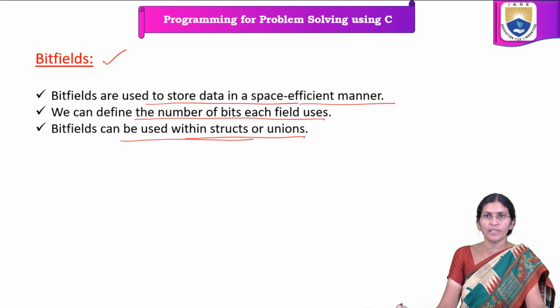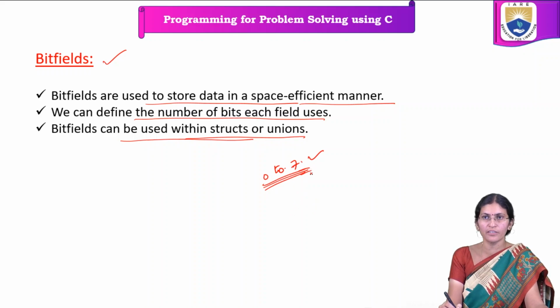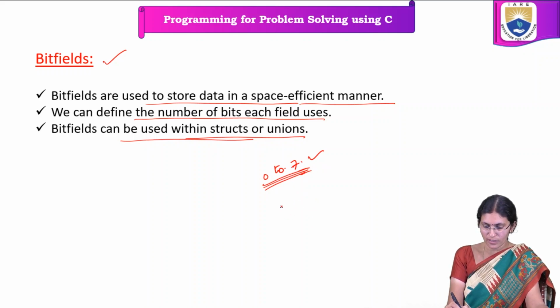Suppose we know that a particular member of this structure cannot have a value more than 7, so its value ranges from 0 to 7. In the computer, values are stored in the form of bits. So 7 will be the maximum value, and the value 7 requires 3 bits.